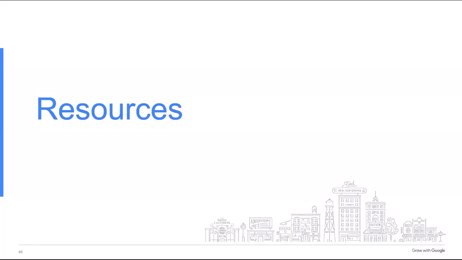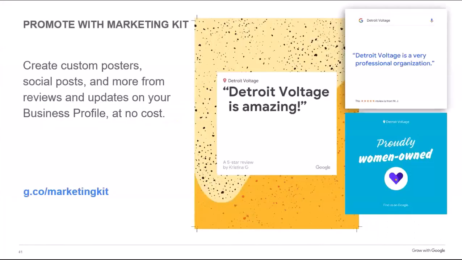And here are a few additional resources you can use. For example, promote with a marketing kit. So create custom posts, posters, social posts, and more from reviews and updates of your business profile at no cost. You can go to g.co/marketingkit.